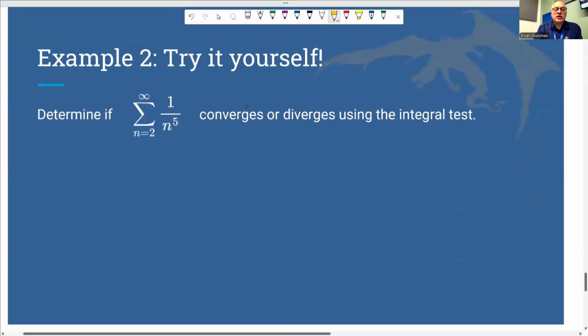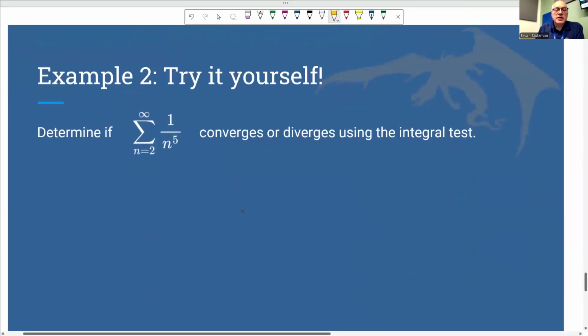All right, to try it for yourself, let's determine if this series is convergent or divergent using the integral test. Use a very similar function, f of x is 1 over x to the 5th. Check your conditions for using the integral test, whether or not it is positive, whether or not it's continuous, and whether or not it is decreasing.